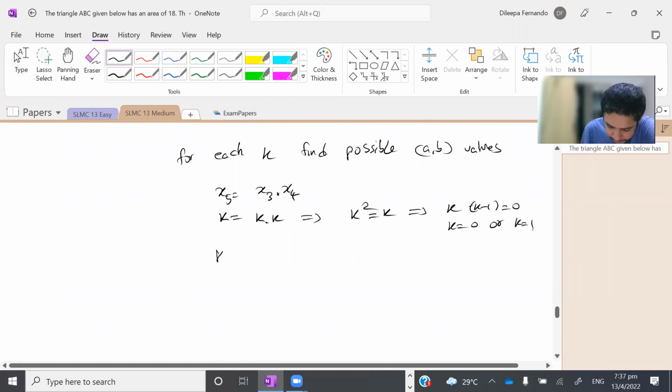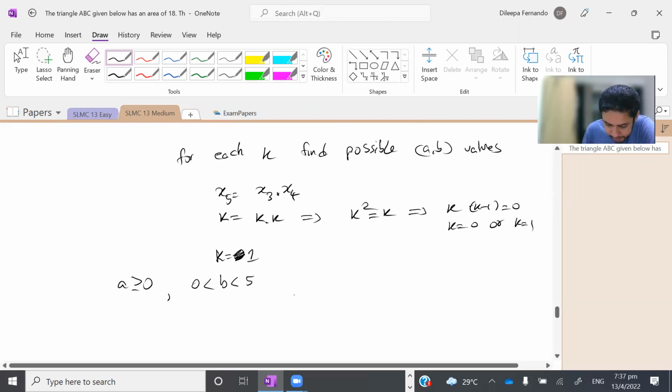Let's say when k equals 0 and k equals 0. Now you know that a is greater than or equal to 0 is given, b is between 0 and 5. No, let's start with k equals 1, it's easy.